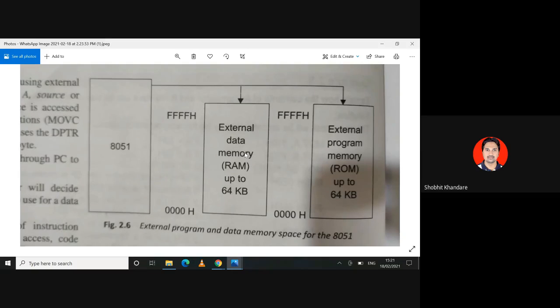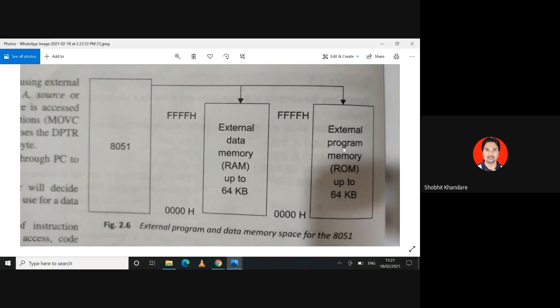So as far as off chip memory is concerned, I can access 64 kilobyte of RAM as well as 64 kilobyte of ROM. That's why you can see here address starts from 0000H to FFFFH. Here also the address starts from 0000H to FFFFH. Okay, so I can access two memories.